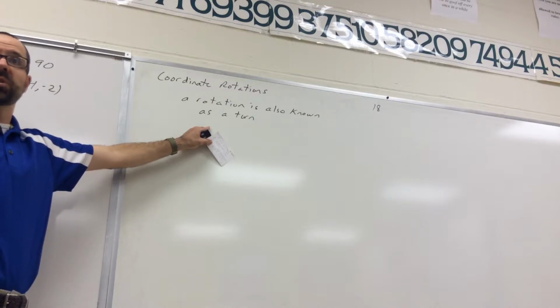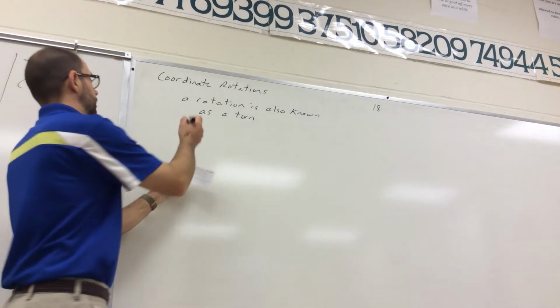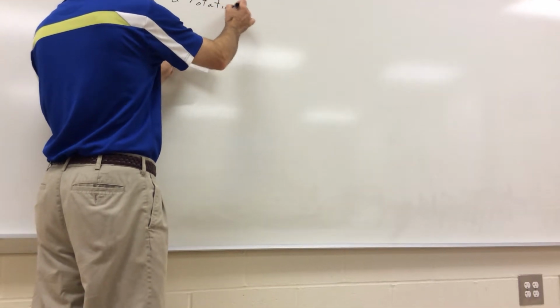And when you rotate something, it ends up the same size and shape as it was originally. So it's congruent. So it's called a rigid transformation. So a rotation is a rigid transformation.